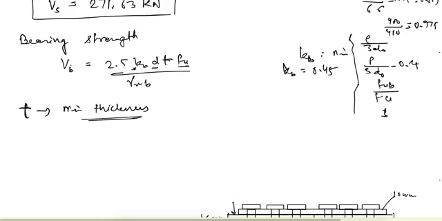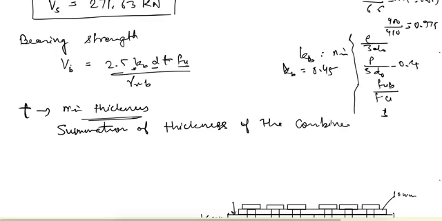The definition of t given by the code is the summation of the thickness of the combined plates experiencing bearing stress in the same direction.